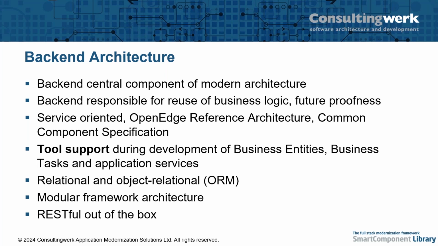So backend architecture, a very important piece of the product. That's what allows us to reuse the business logic in different environments, and I believe an important part of being future-proof. We support service-oriented architectures following the OpenEdge reference architecture, the common component specification. We have tooling support for the development of the typical components of those architectures: business entities, business tasks, and application services. The framework is very modular.